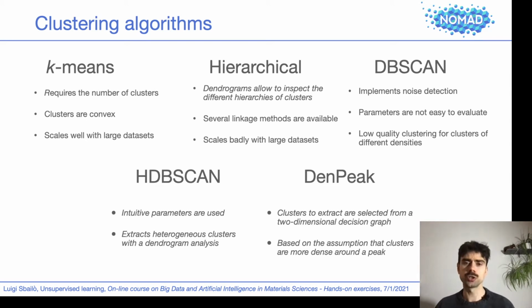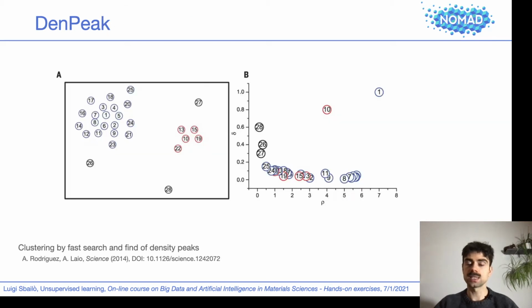So now I'm going to show how this two-dimensional graph works, because it's something that was not covered in the lecture and will appear in this hands-on session. We can see that this algorithm is going to look for clusters in the dataset labeled with A. We have a number of points, each labeled with a different number.